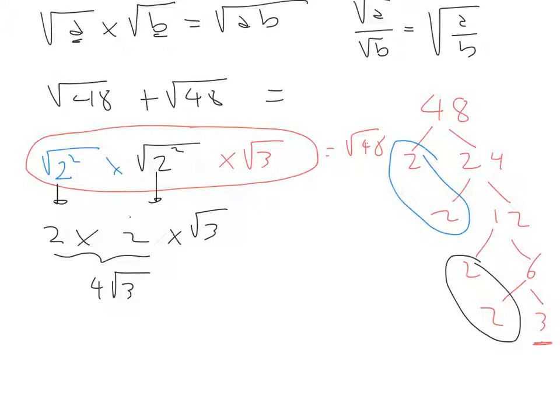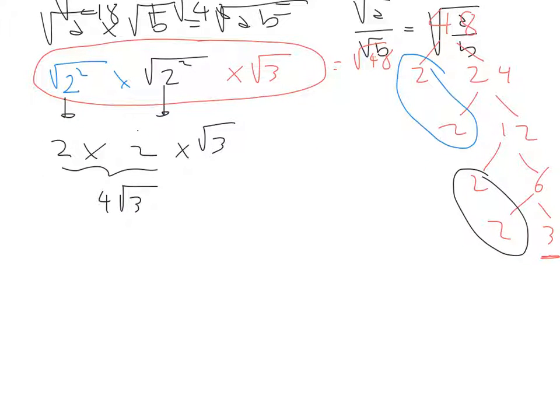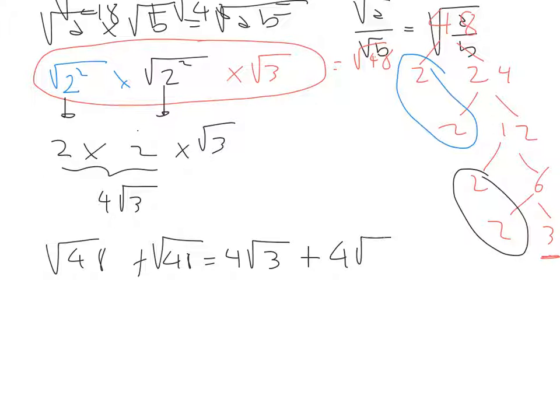So now our goal was to do square root of 48 plus square root of 48. Now we know that square root of 48 is 4 square root of 3, so it's 4 square root of 3 plus 4 square root of 3. I'm just substituting 4 square root of 3 instead of square root of 48, and I do it twice because we have 2 times square root of 48.